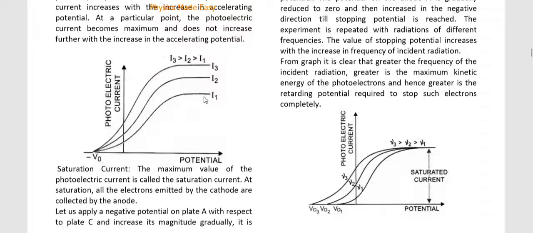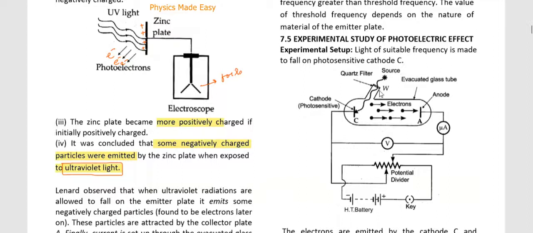So for the purpose of analysis, I will start from zero potential. At zero potential, some of the electrons which are having maximum kinetic energy, they are able to reach the anode. At negative potentials, not all the electrons have enough kinetic energy to reach the anode. Some of the electrons can reach the anode here.